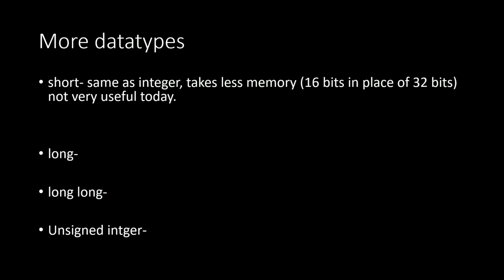First we have short. Short is basically an integer that takes less memory. A normal integer usually takes 32 bits, right? We already discussed that in the last video. A short usually takes 16 bits, which is 16 bits less than an integer. That means it can store smaller numbers.